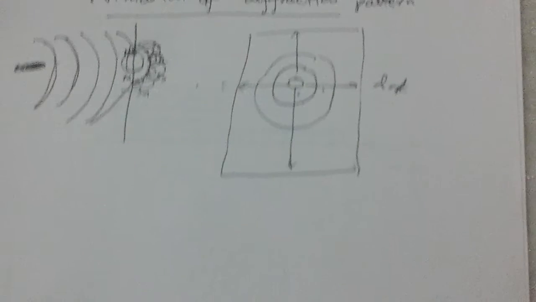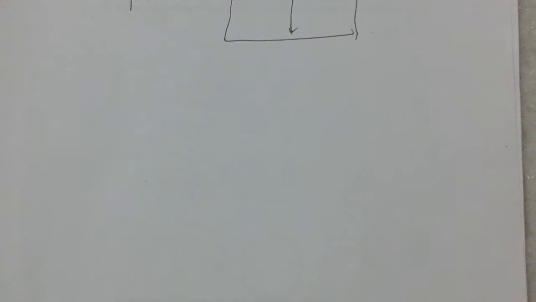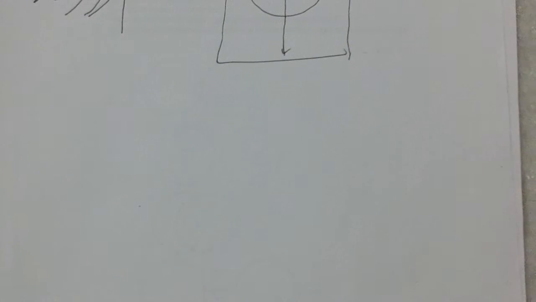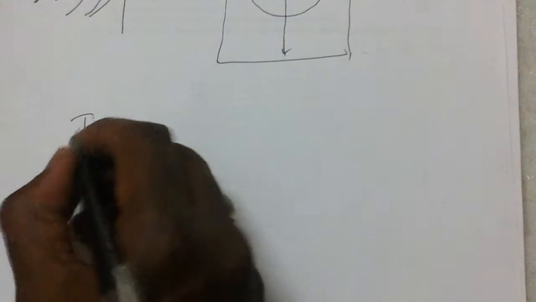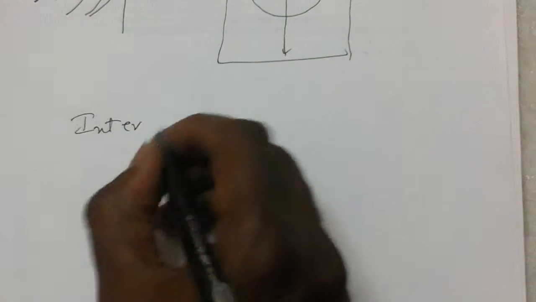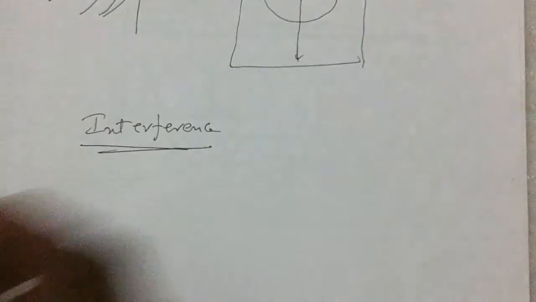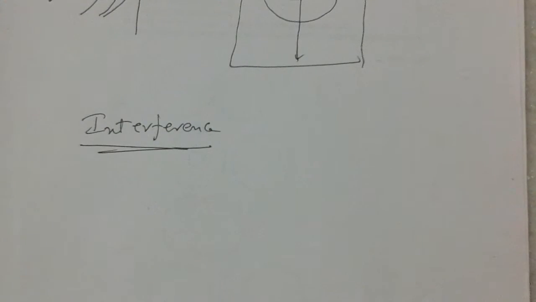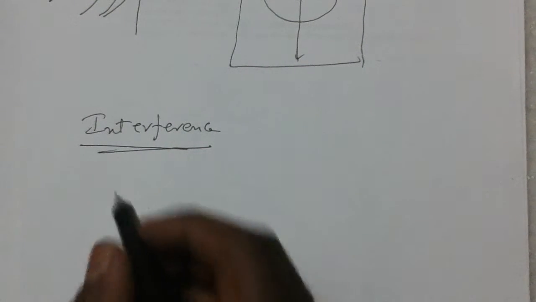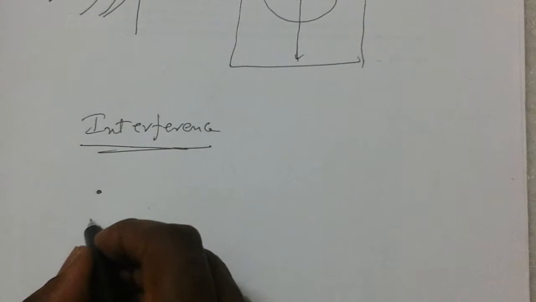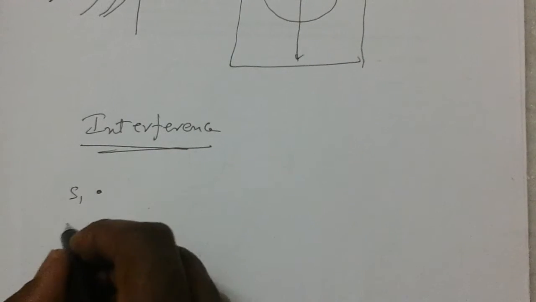Now let us discuss interference. In interference we have to have two coherent sources, S1 and S2.